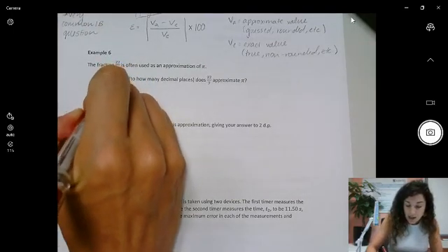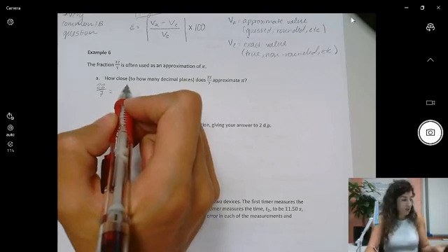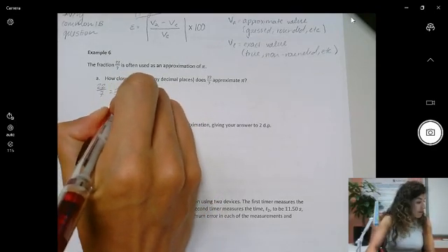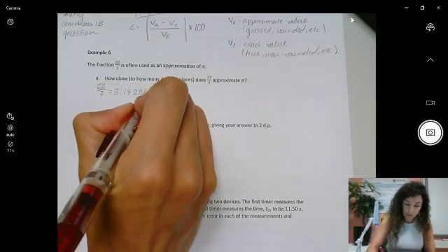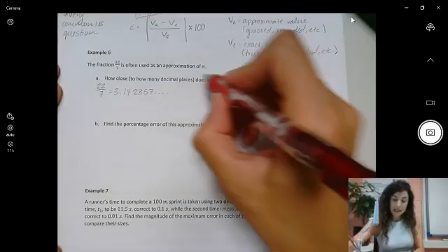So take your calculator, do 22 over 7 and find that decimal. Write it to a few decimal places.